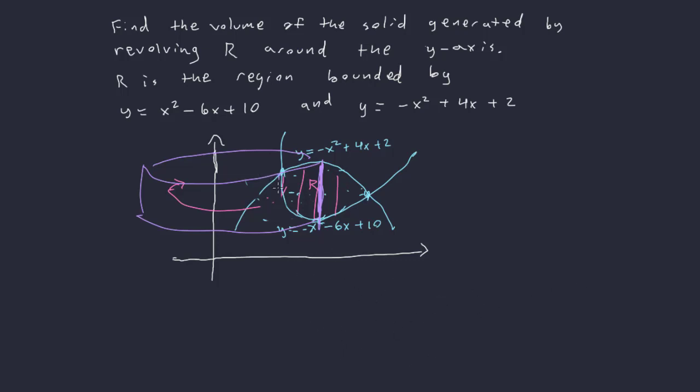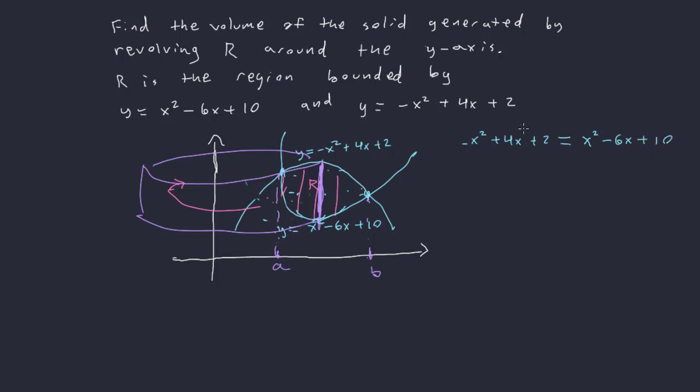Okay, so all I really need now, I have my top and I have my bottom. I just need my A and B. So we're going to set these guys equal to one another and see what we get. So I'm going to take this negative x squared plus 4x plus 2. I'm going to set it equal to, I think I put a negative down there when I shouldn't have, a positive x squared minus 6x plus 10.